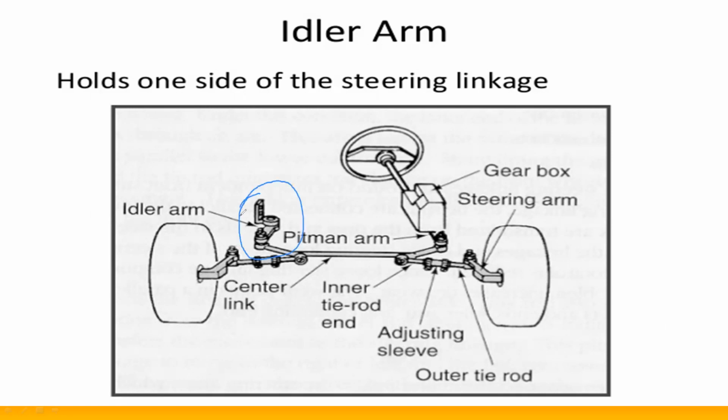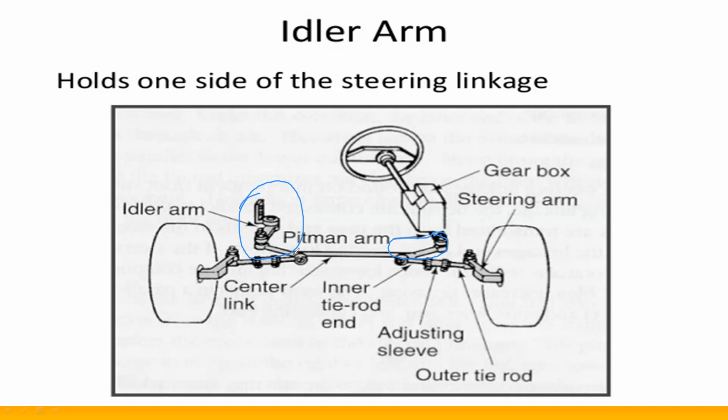The idler arm is used to help the pitman arm by supporting the steering linkage as it moves in the direction controlled by the steering gear. So it supports the pitman arm. The pitman arm or drop arm should move in the angular direction.